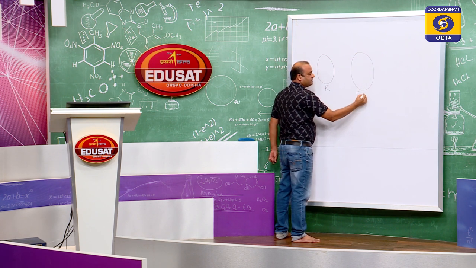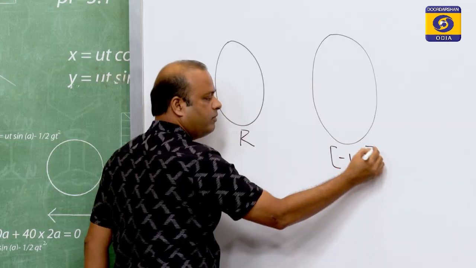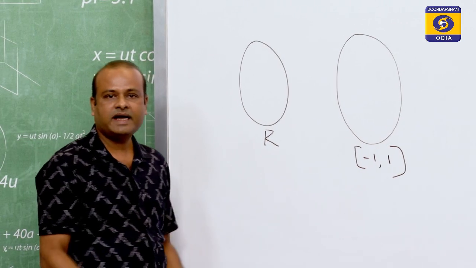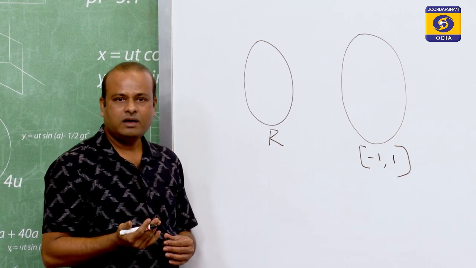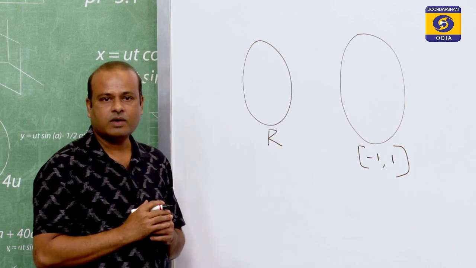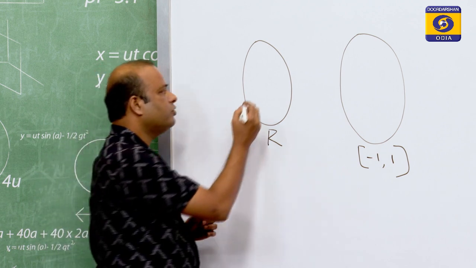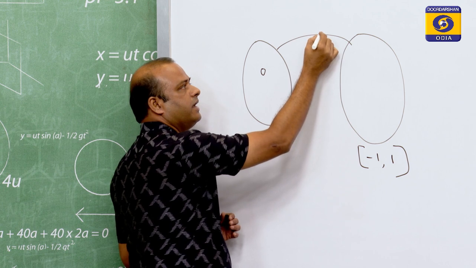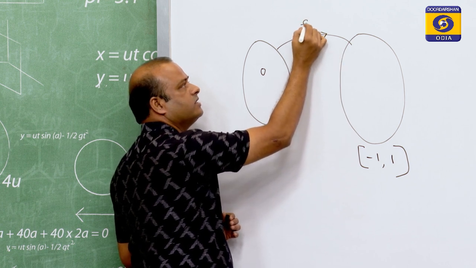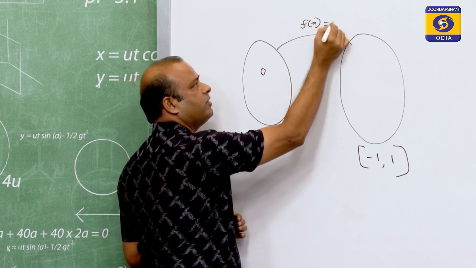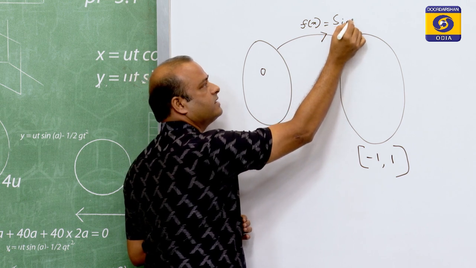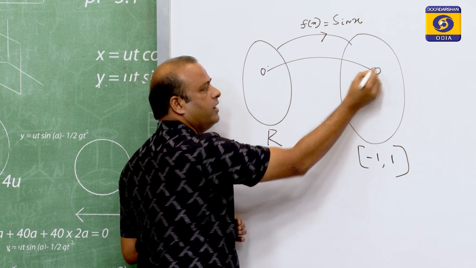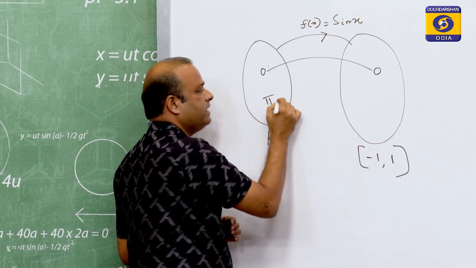Better you take it as range, codomain. Codomain is R, but you take the range set, that is the closed interval -1 to 1. What I have told you: if the function is f(x) = sin x, for 0 it is 0 and for pi it is again 0.